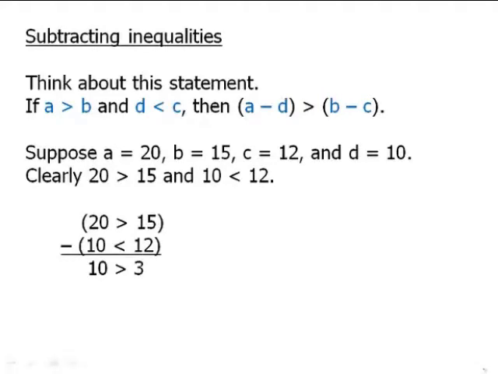So notice that the resultant inequality follows the direction of the initial inequality, the one from which we subtract. So that sets the tone. That first one from which we subtract, from that something in the opposite direction, and the result, the difference, will be the same as the original.